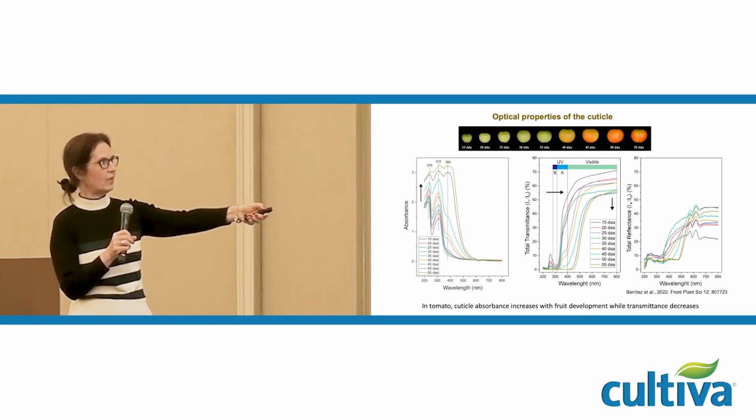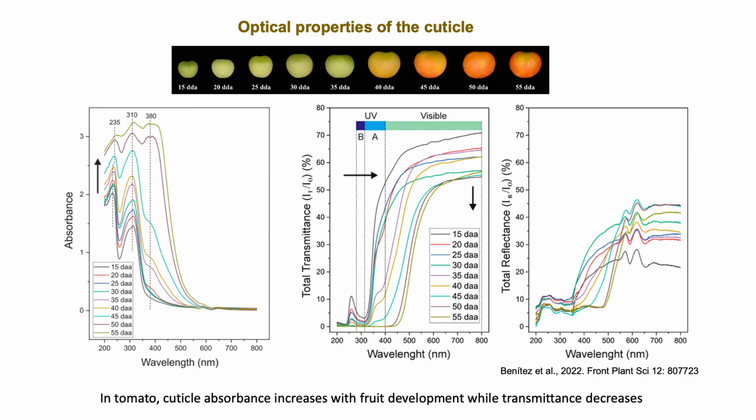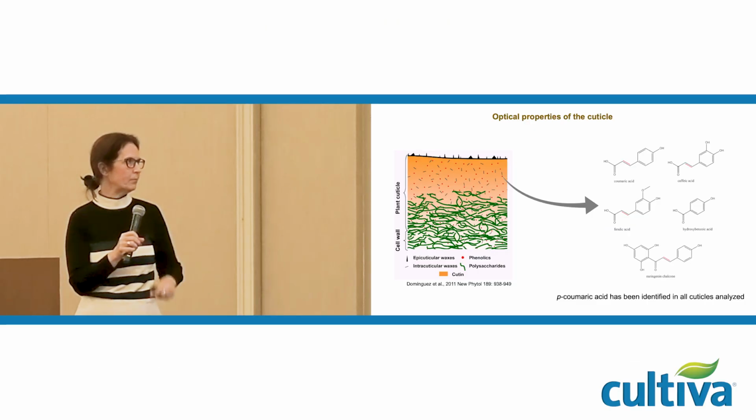So in very early stages, the cuticle is not such a good photoprotector as it is in later stages, not only in UVC, but also UVB and UVA. And as the absorption increases, the amount of light that is able to go through the cuticle decreases. And of course, we don't see any special pattern in reflectance with development.